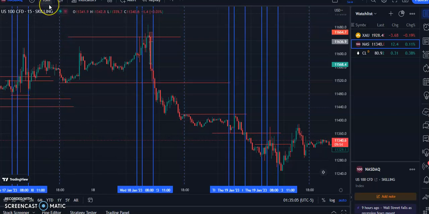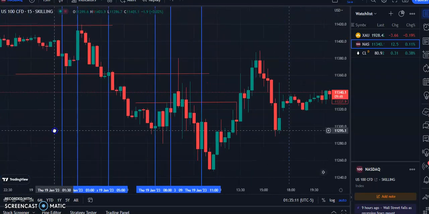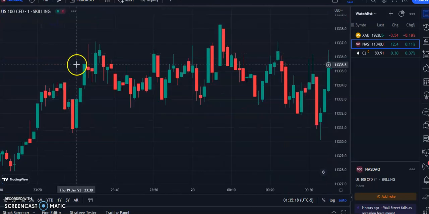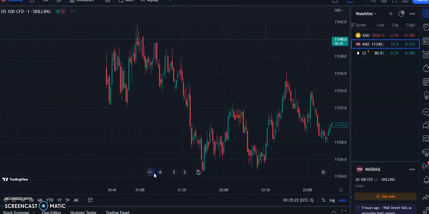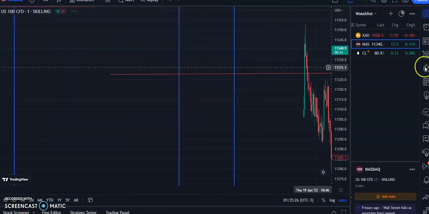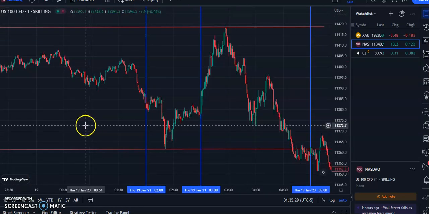Now we come to our first hour. The first hour sets the high and the low of the session. All right, this is London on Nasdaq. So the first hour sets the high and the low of the session.